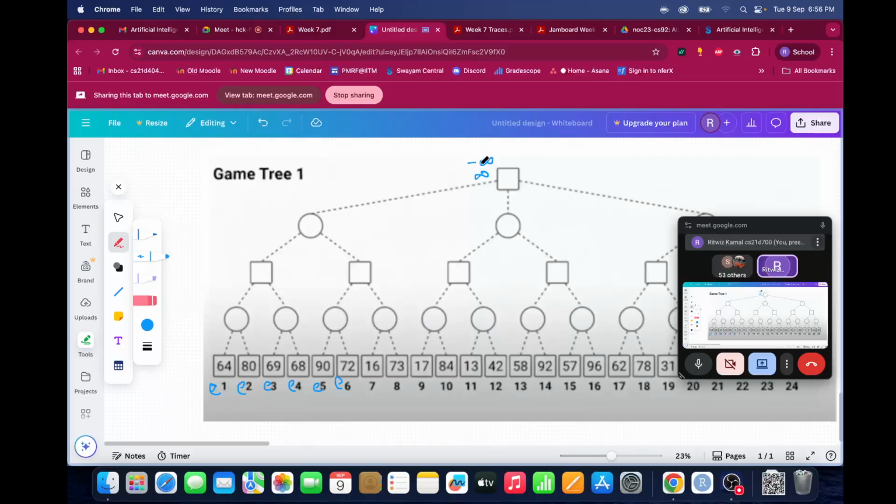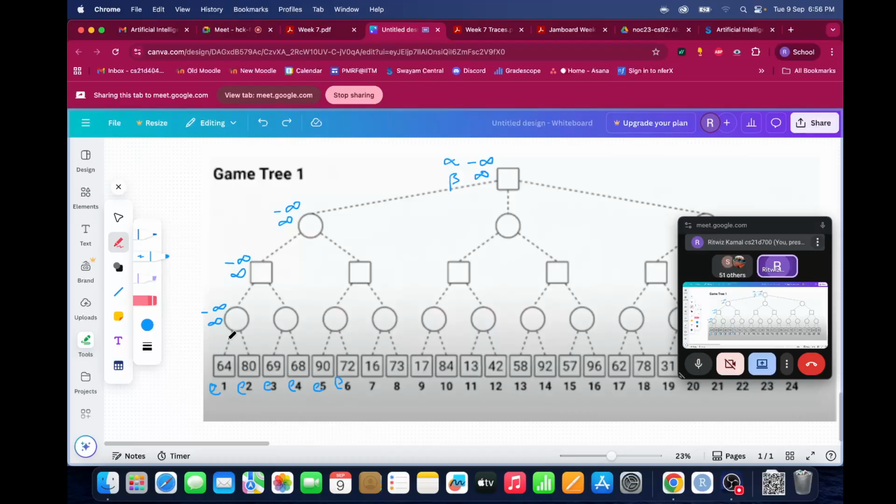Okay, so we have initialized alpha and beta values as minus infinity and plus infinity, and this is propagated to its child. Each of these has a copy of its own alpha and beta values. Now this E1 node has already been evaluated and it returns a value of 64 to this min node.